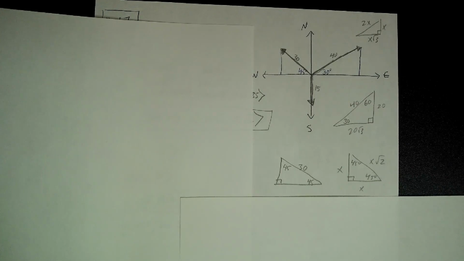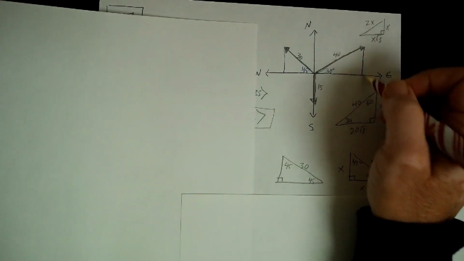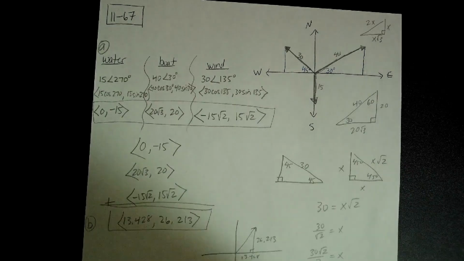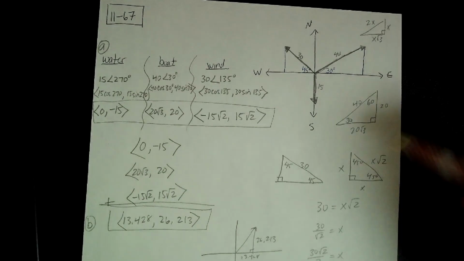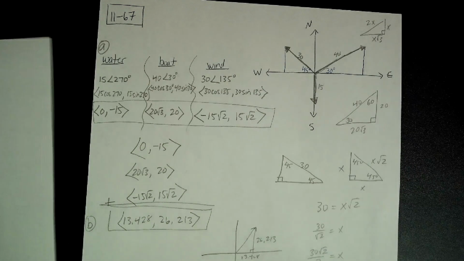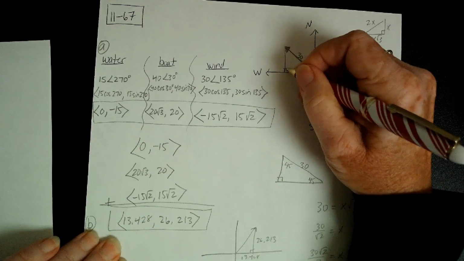So you can do it that way and just figure out, it asks for component form, I believe. It says write each of the vectors in component form, so we just want like the x's and the y's. So you can use your triangles, you can pause the video and look right here at how I did it with triangles, or you can use cosine and sine because these are right triangles here.